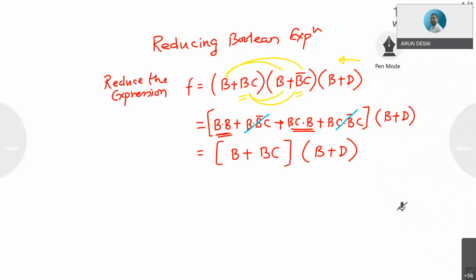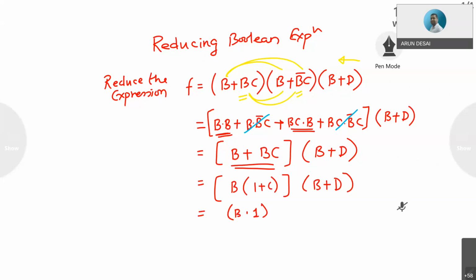Now we are going to solve this first. Here, b is common. That means b into 1 plus c, and b plus d. That means b into 1 and b plus d.